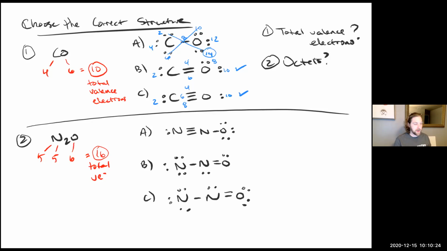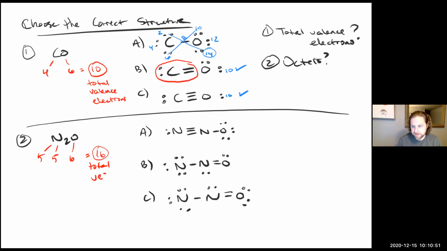So now we need to go back and check to see if they have an octet. So I'm going to go ahead and erase my blue marks because I know they have 10. And let's go check for octets. What I'm going to do is circle this carbon.